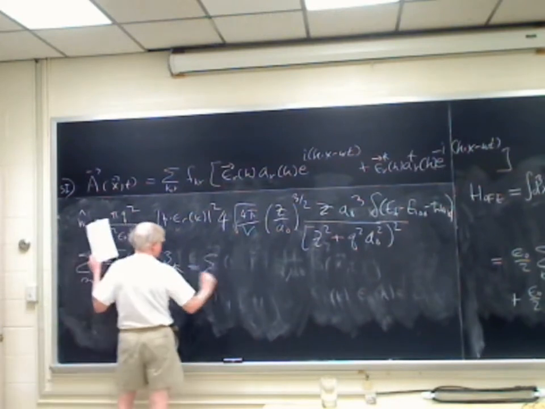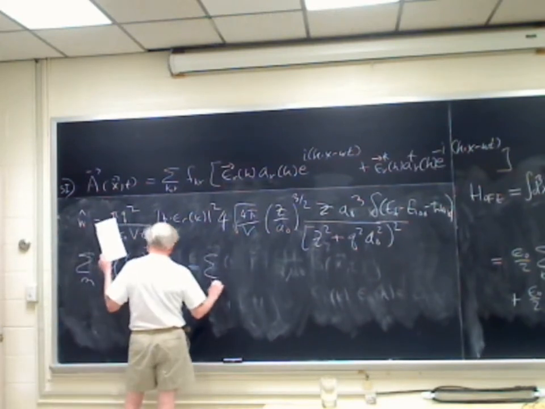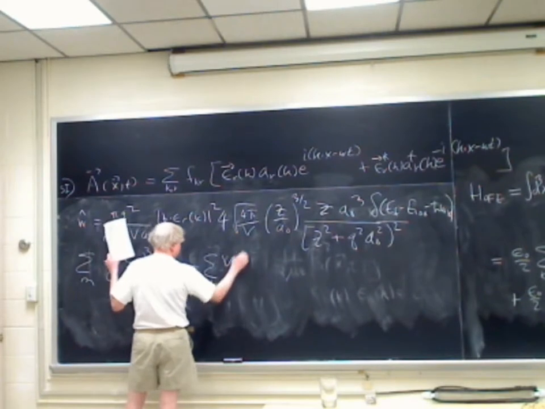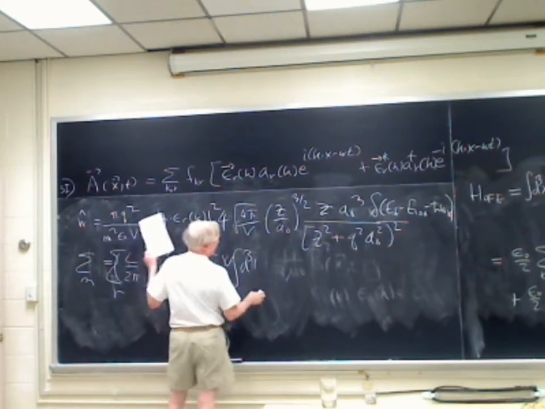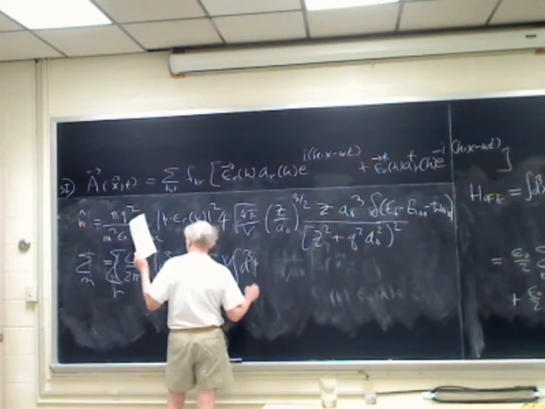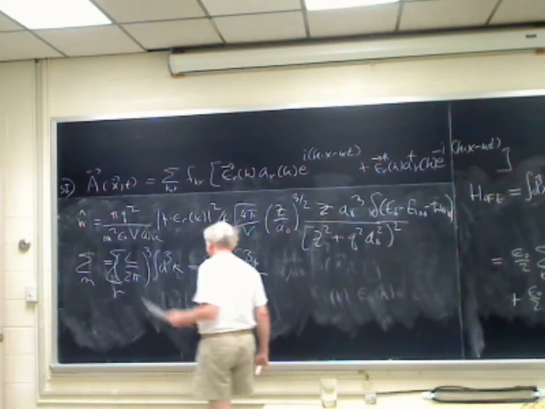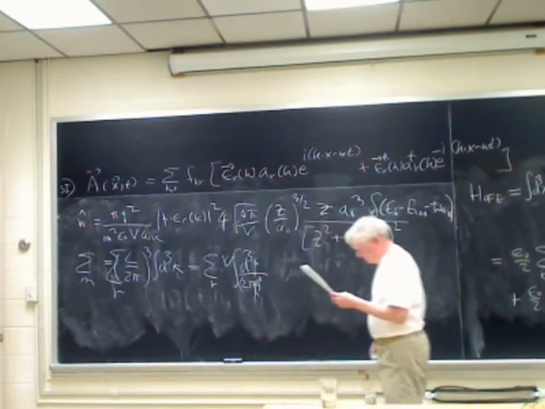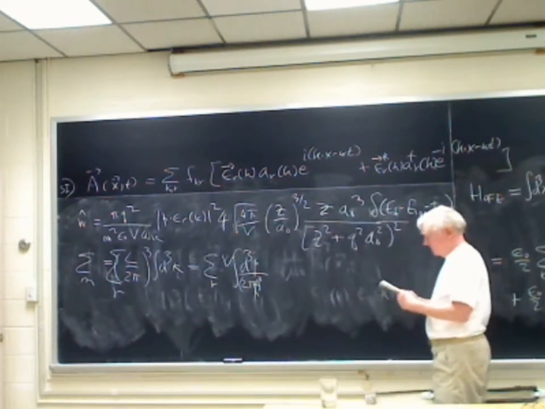So this is sum over polarizations, integral d cubed p over 2 pi h bar cubed.